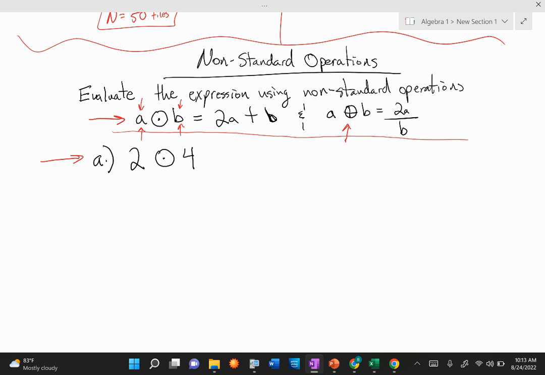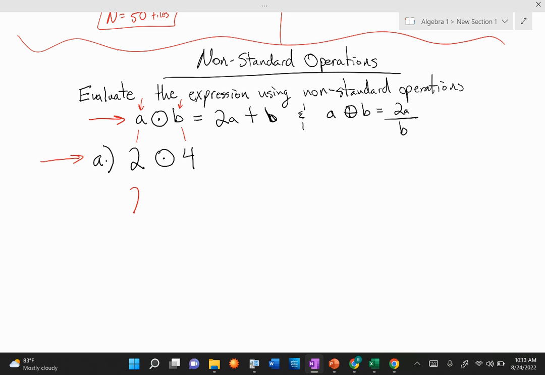First, which expression are we going to use? This first one or the second one? The first one. How do we know this? You just have to match up the pictures. Let me get rid of all this mess. So we're going to use the 2 Black Pearl 4, where 2 is going to be A and B will be 4.